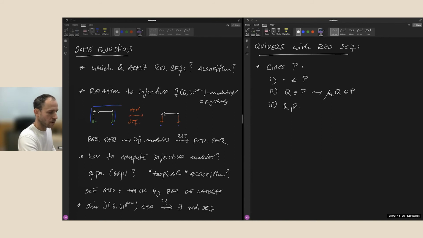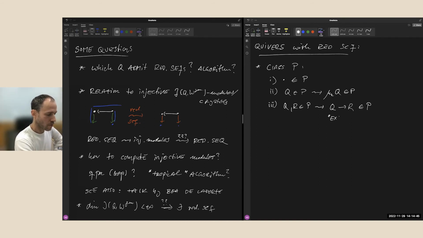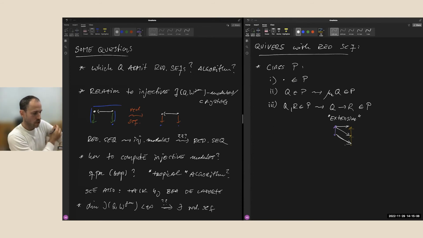So by this I mean, if you have two quivers in P, then any quiver cooked up by just orienting arrows from one to the other is in P. So to illustrate that, for example, this is our quiver Q, and this is P. Then we are allowed to put any arrows from Q to P, any kind of multiplicities we want, but not in the other direction.